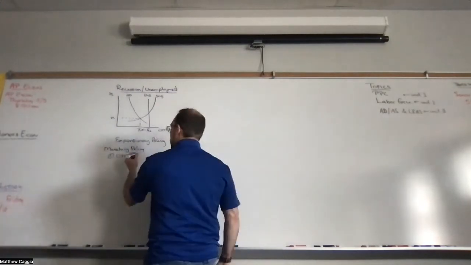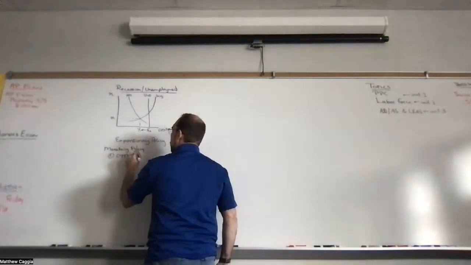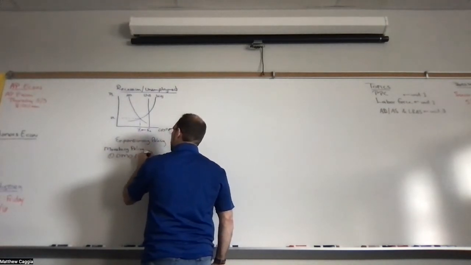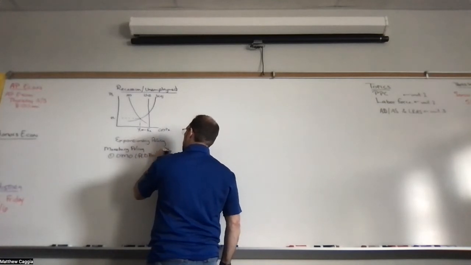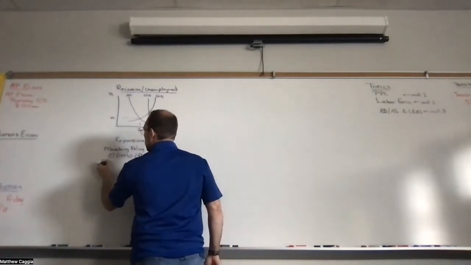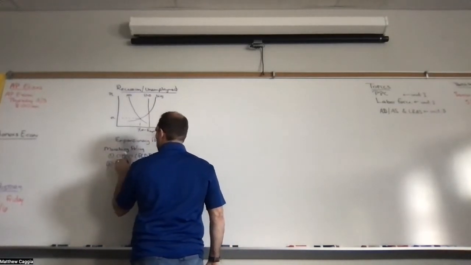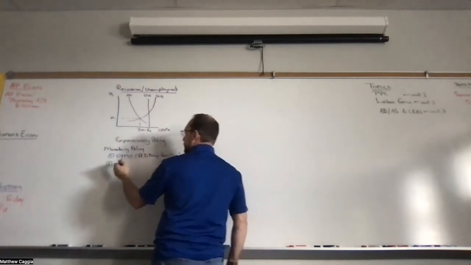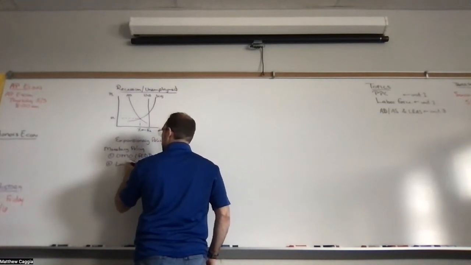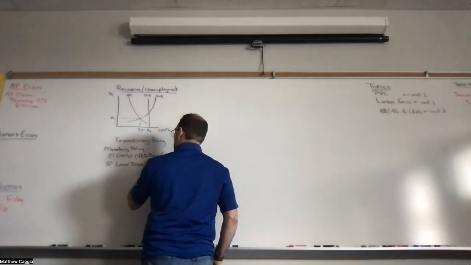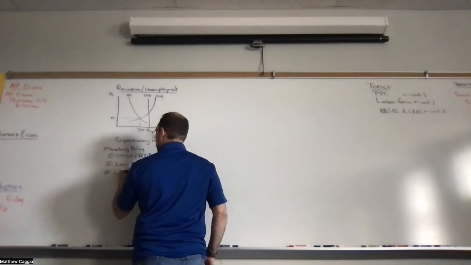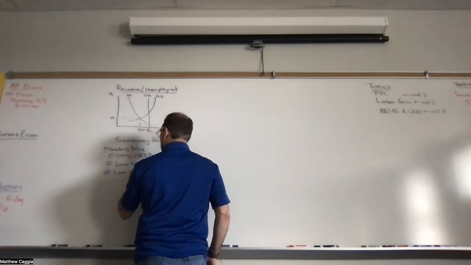The Fed buys securities. That's tool number one. Tool number two is the discount rate. Instead of buying securities, they could lower the discount rate. Or three, they can lower the reserve ratio, or reserve requirement.